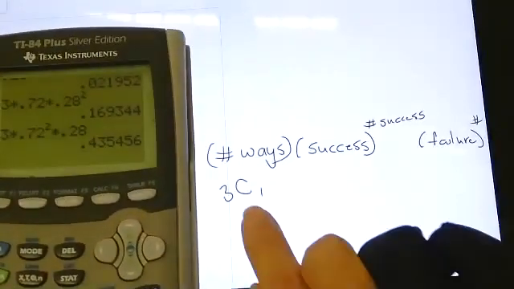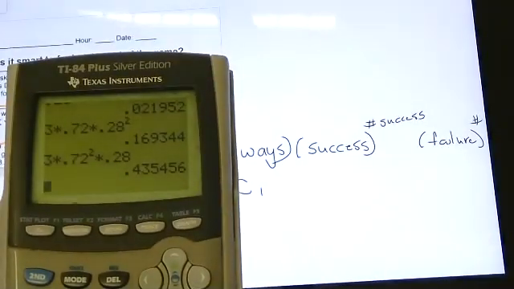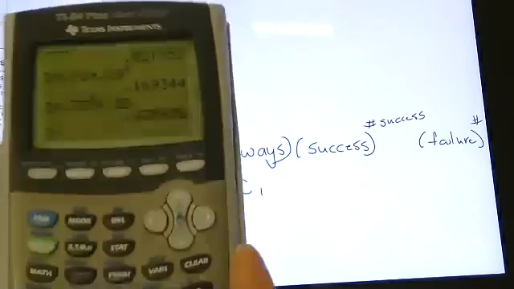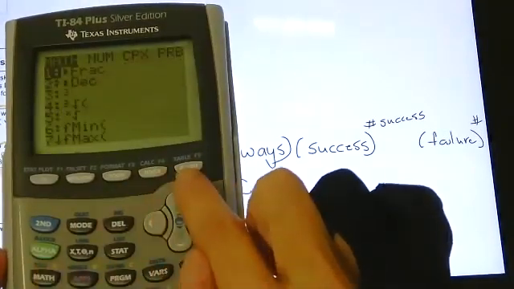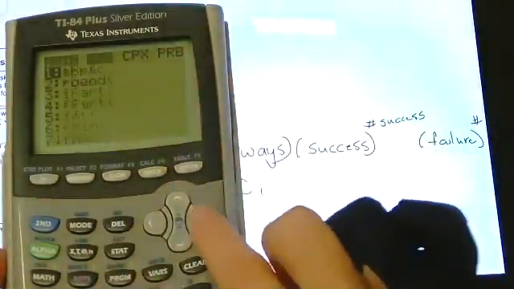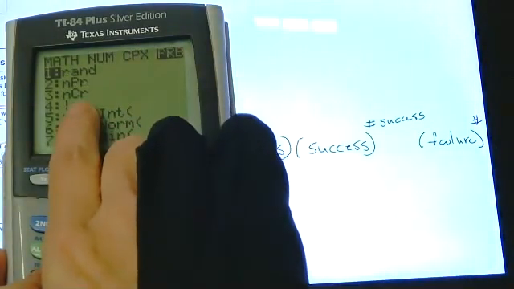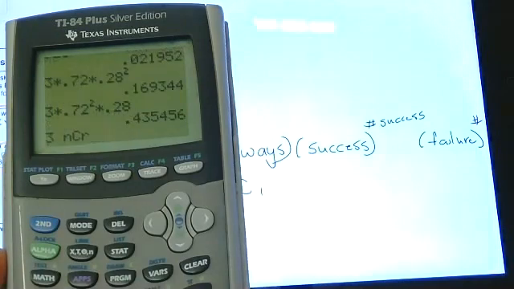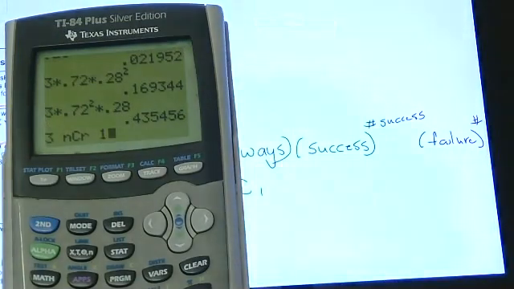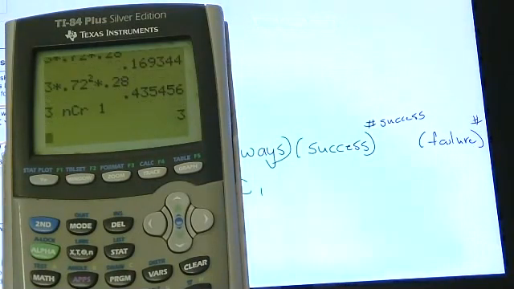On your calculator, you can have your calculator calculate that for you. You type 3, go to math, probability, and you will see the combination option right there. Then you type in a 1. So this is basically saying, hey calculator, how many ways can you make 1 basket out of 3? You can do it 3 different ways.